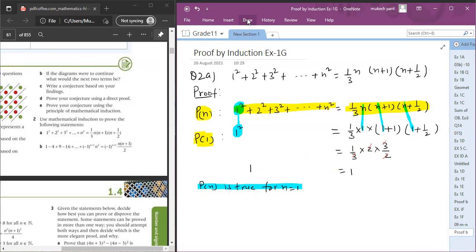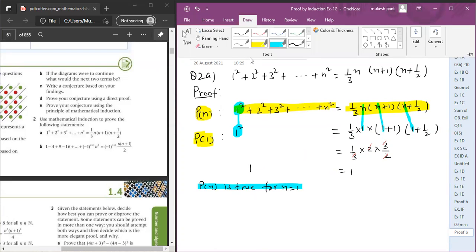Yes, sir. Okay, now you have to take this statement for n equals to k.